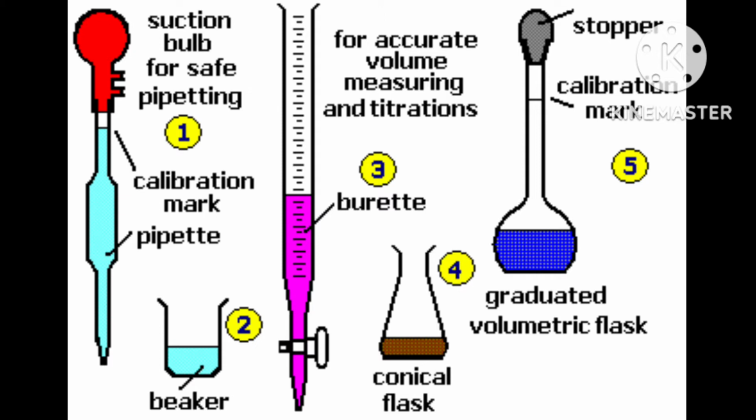The visible end point in this case is achieved after the last of the reductant is oxidized and the first lasting tints of pink color appear at MnO4 minus concentration as low as 10 to the power minus 6 mole per decimeter cube, or you can say 10 to the power minus 6 mole per liter.